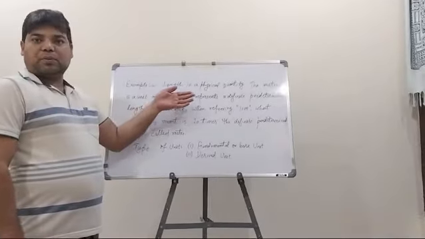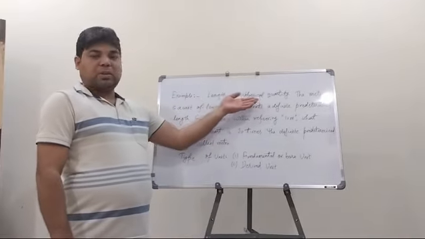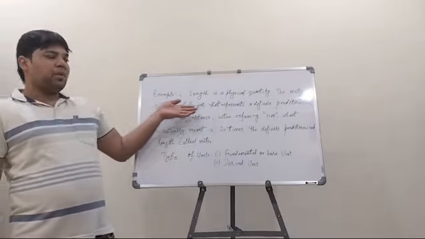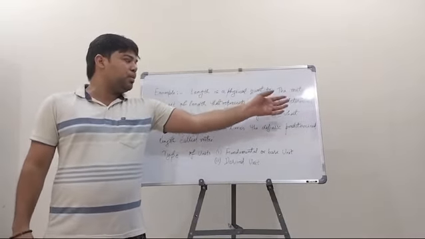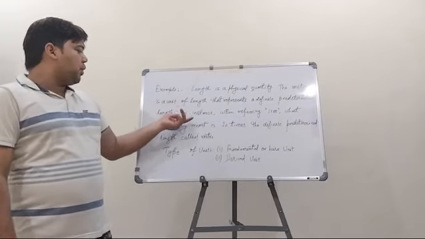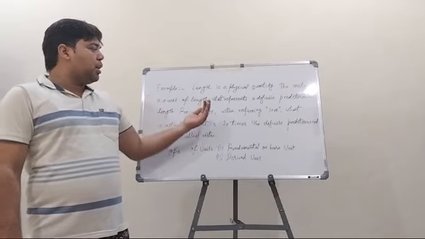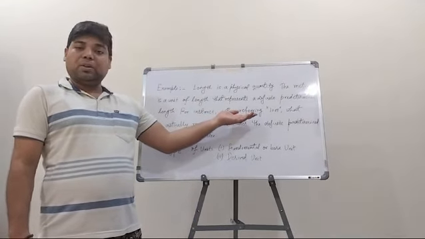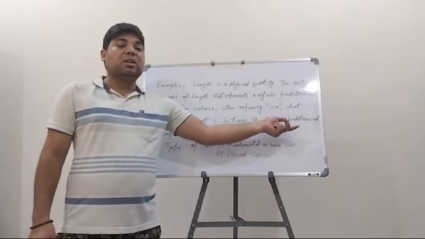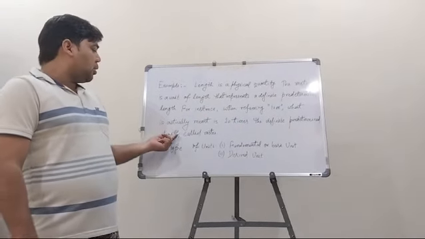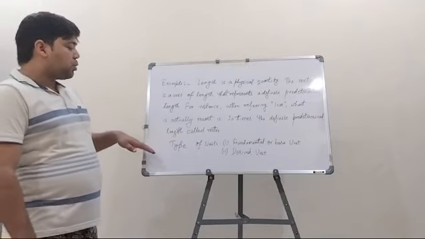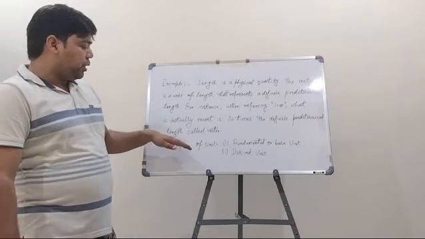For example, length is a physical quantity, and the meter is a unit of length that represents a definite predetermined length, right? So, for instance, when referring to 10 meter, what is actually meant is 10 times the definite predetermined length called meter, right?